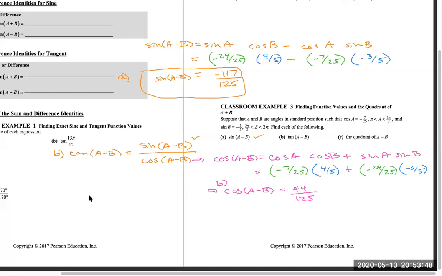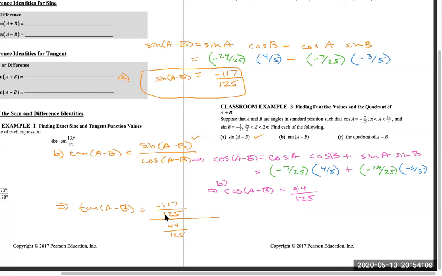All right, so let's find tangent A minus B now. That's going to be -117/125 divided by 44/125.